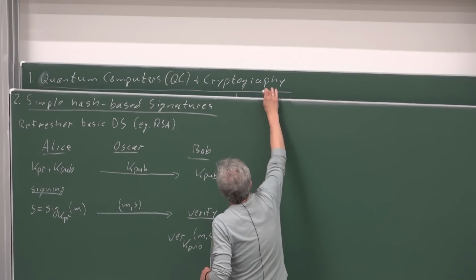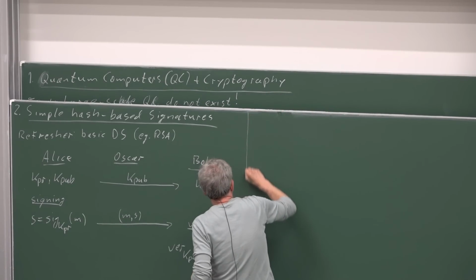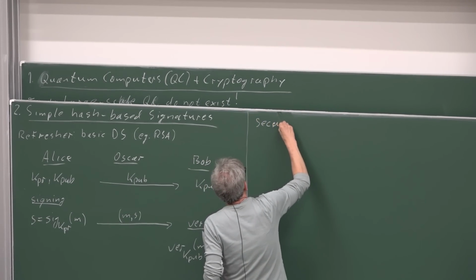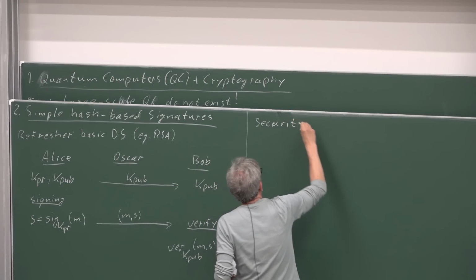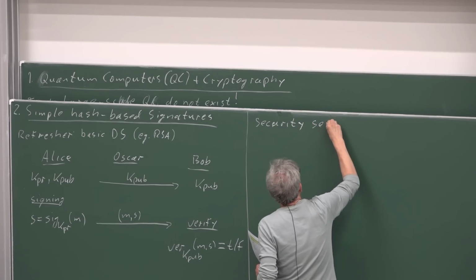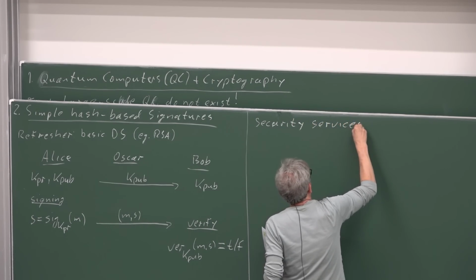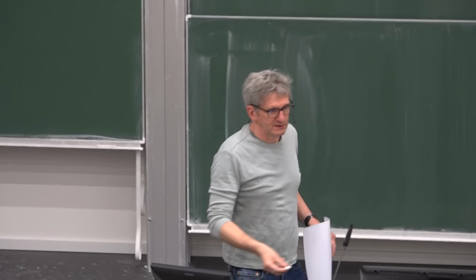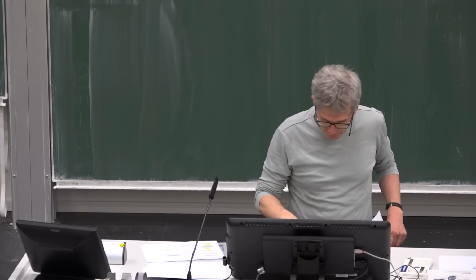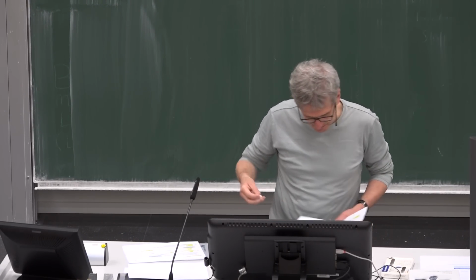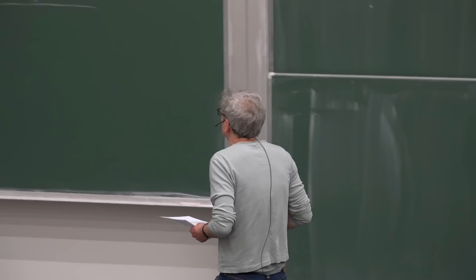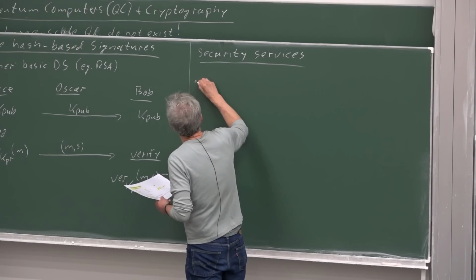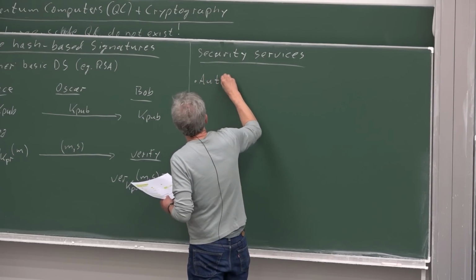And then we talked at great length about security services. And that was actually the big motivation for the way we introduced digital signatures here, that we approach them from the security service point of view.